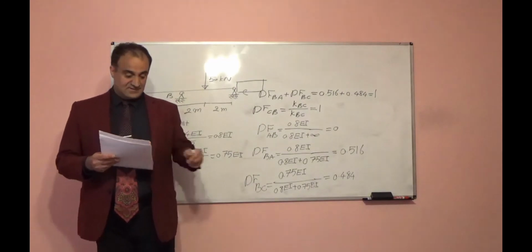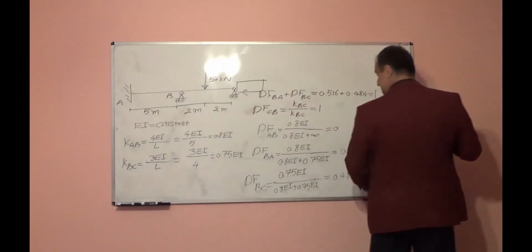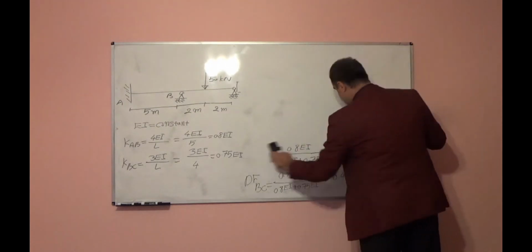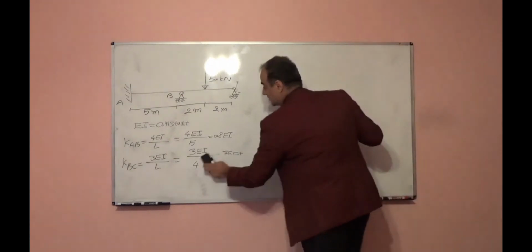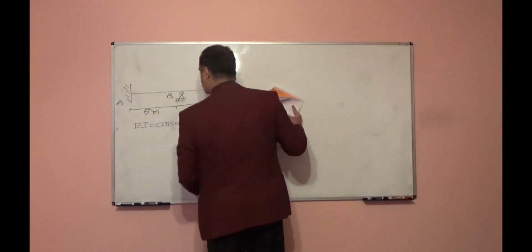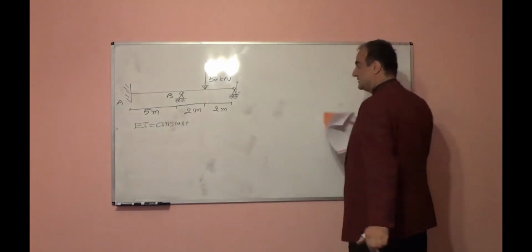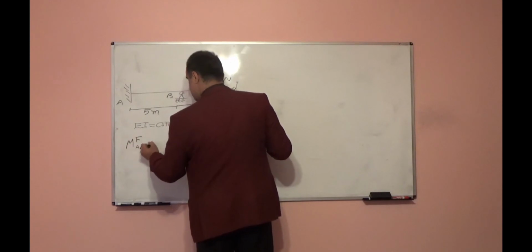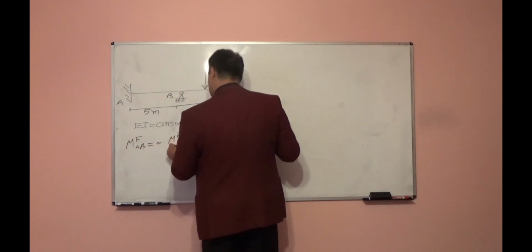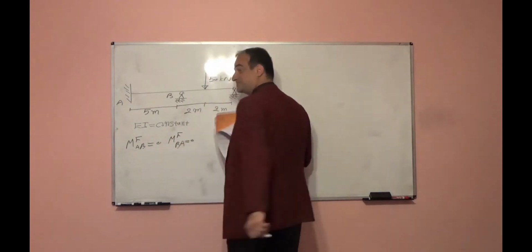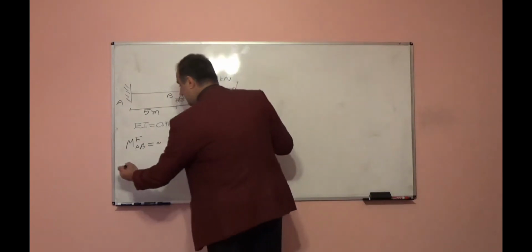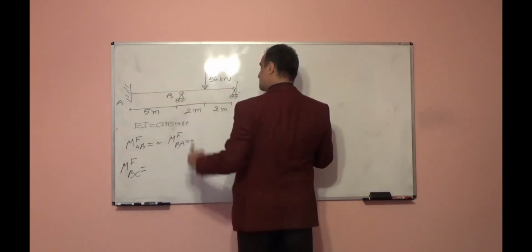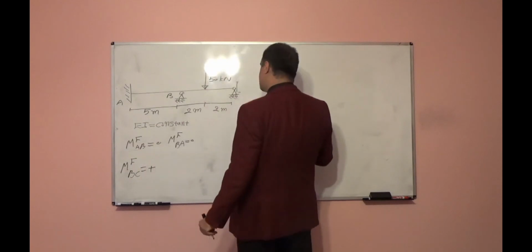Then after that we will calculate the fixed end moment. Fixed end moment for the AB part it is equal to 0 because there is no external load at the AB span. So M fixed AB is 0, M fixed BA is 0. But we can find M fixed BC, that will be counterclockwise, so positive PL over 8.